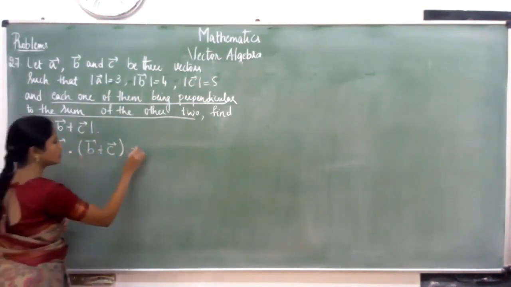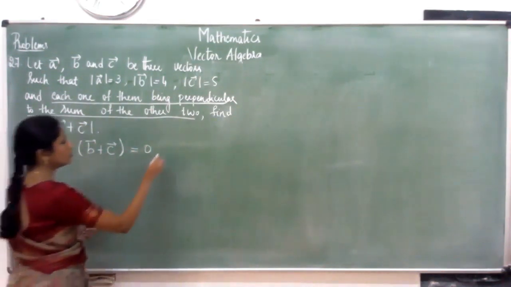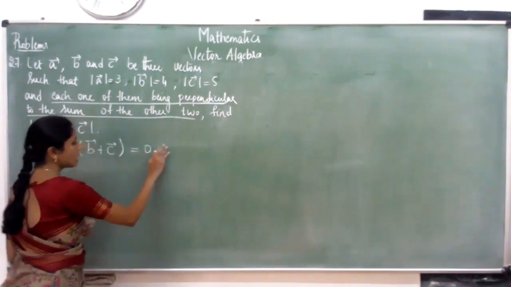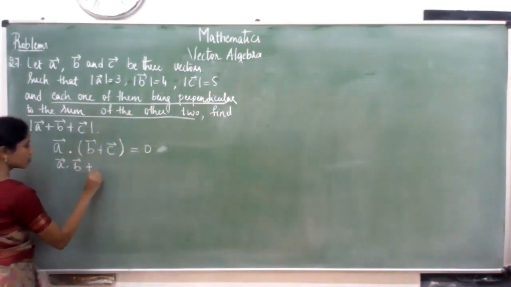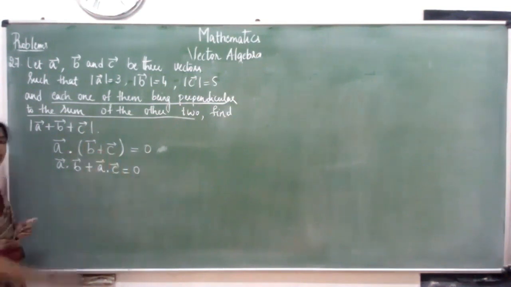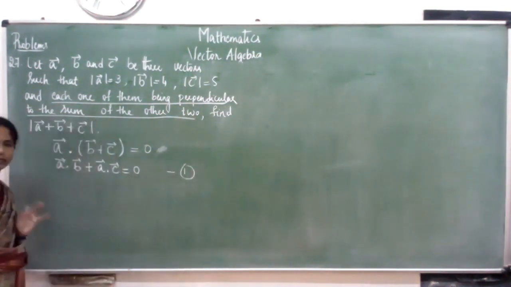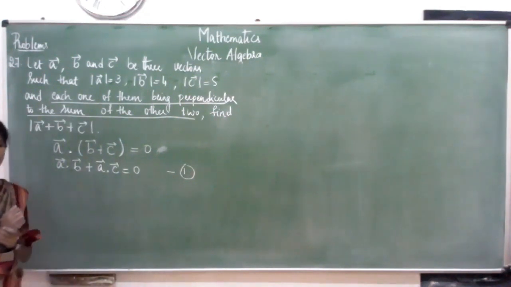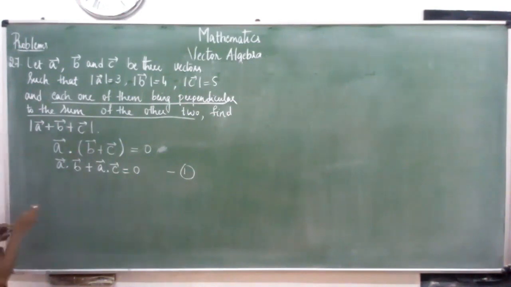Therefore, the dot product between these two is equal to 0. So from this I can write vector A dot vector B plus vector A dot vector C is equal to 0. Let me call this equation number 1. I have used the distributive property here.